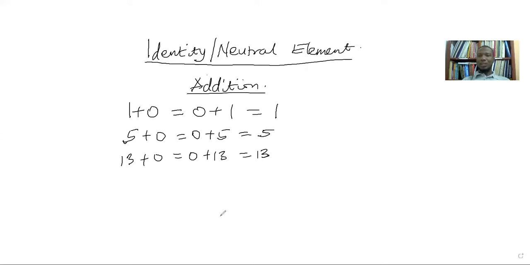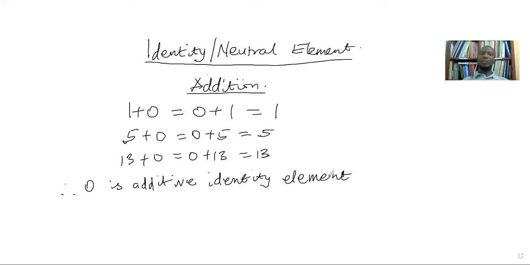Based on that, we can confidently conclude that 0 is an identity element under addition, or simply put, 0 is the additive identity element.